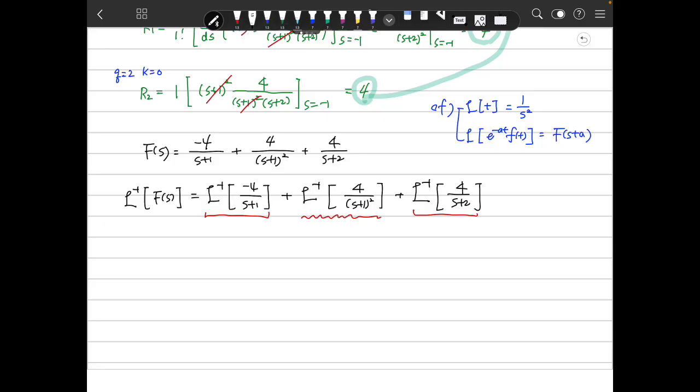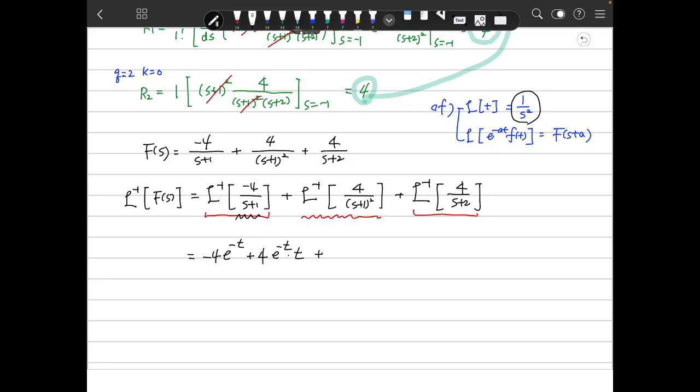That means the first thing is very simple: minus 4 exponential minus t. And the second thing, this is squared, so we will use 1 over s squared, so that will be 4 exponential minus t, times t.